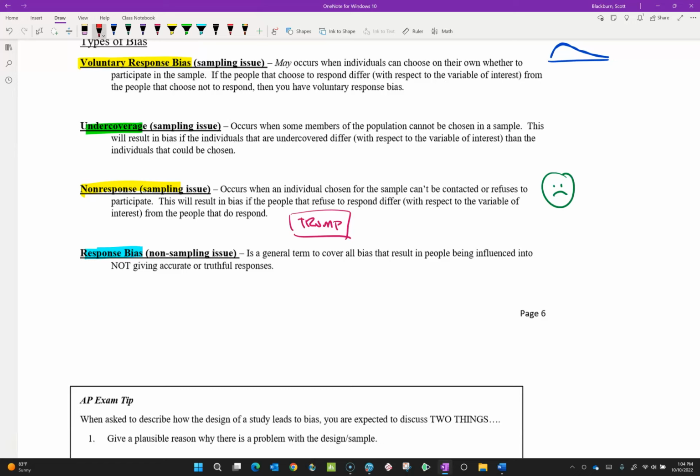Other people think that perhaps there was some response bias in play. Response bias is a general term to cover all bias that results in people not giving truthful responses. Not necessarily being influenced, but just if somebody doesn't give a truthful response, that's response bias.